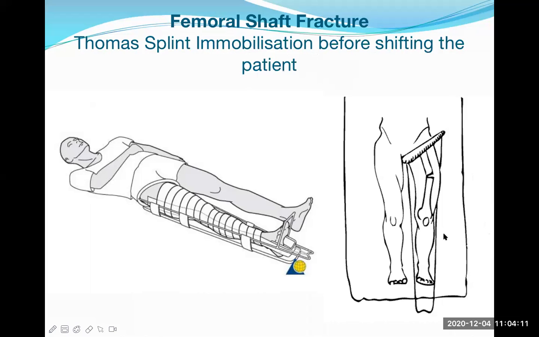The patient cannot move at all, and massive swelling with a deformity occurs there. So we call the ambulance, and the person who comes should have certain instruments. They immobilize the leg like this, and this is known as the Thomas splint. We have already talked about this before. This is an excellent way of transferring the patient to the hospital.